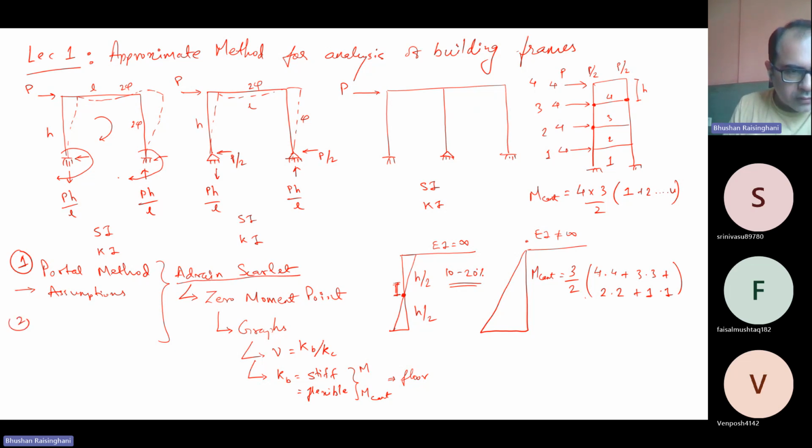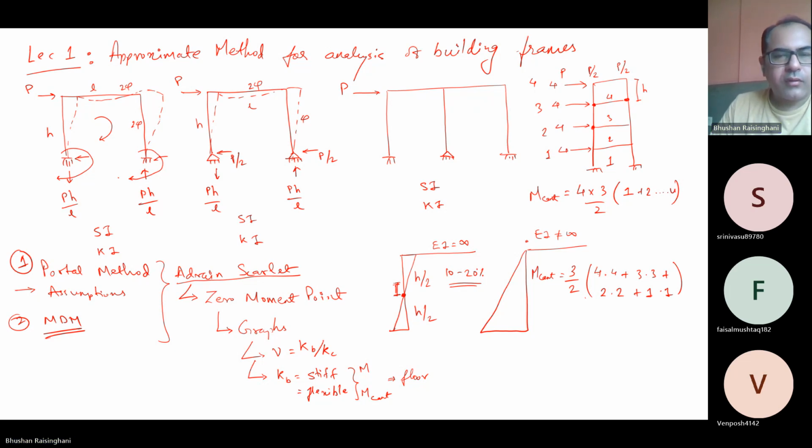Now, second method would be the moment distribution method. Moment distribution method is way better because you can estimate the moment at each joint and then you can compare it with the software. So this way we have two methods. One, portal method. In portal method, one is based on routine assumption, and second is zero moment point assumption. And second method would be the moment distribution method to solve the portal frames under sway action.